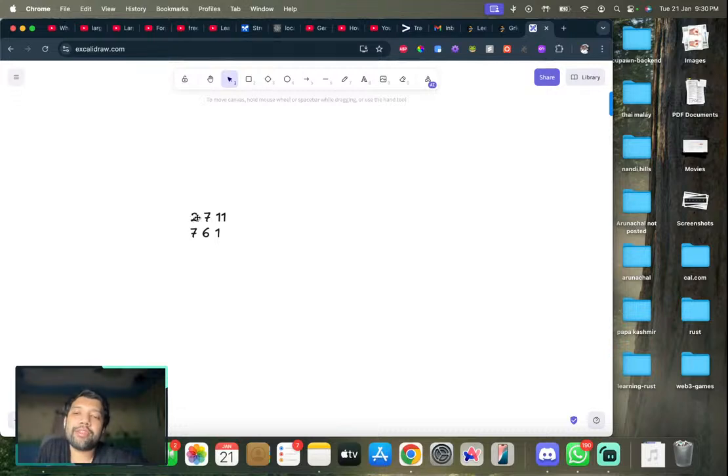Now, what will it be if at this point the change happens for the first? What will be the maximum? 2 plus 7 is 9. If at this point the change happens, it would be 7 plus 6, so that would be 13. Now we'll save this index.